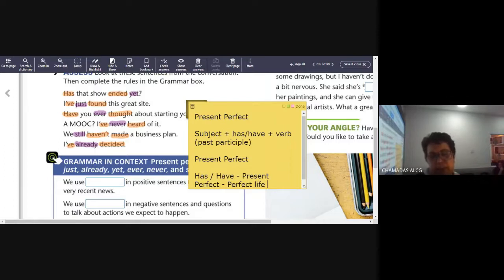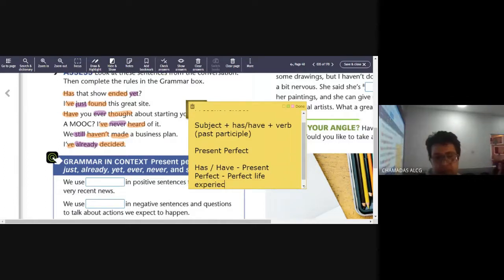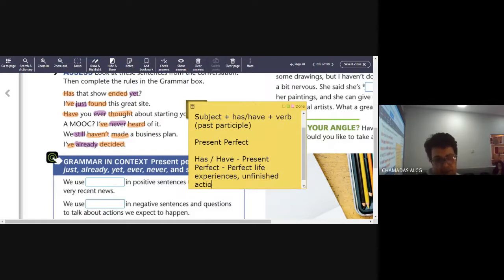We can use that as an adjective, like perfect life experiences in the past, or perfect unfinished actions that started in the past and they are still true today.